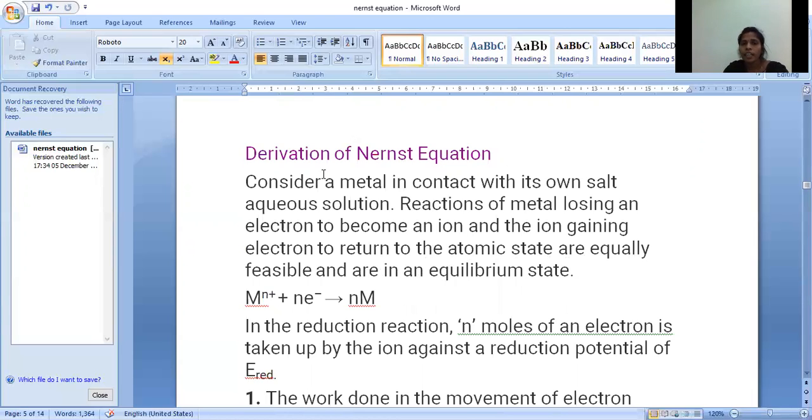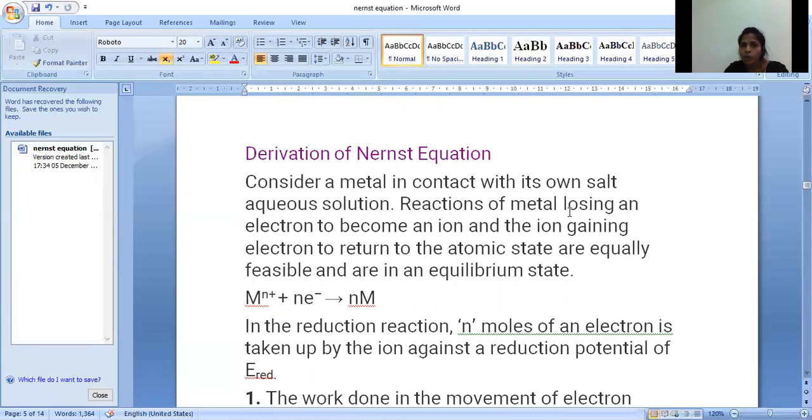So what we are saying here: consider a metal in contact with its own aqueous solution. When the metal is in contact with its own salt solution, what happens? It develops a potential, that is the electrode potential. But here either the electrode is losing electrons or gaining electrons.